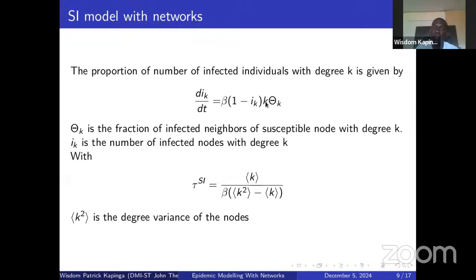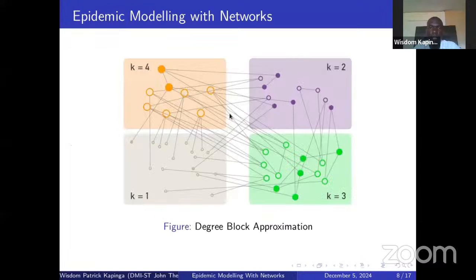In that as well, you see that this model will be the same as the model that we looked at, but we have also added this variable. I'll call it theta K. So theta K is the fraction of affected neighbors of susceptible nodes with the degree K. So for example, if you're looking at this block, what is the number of infected neighbors?